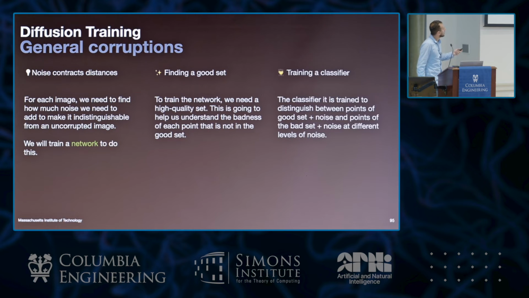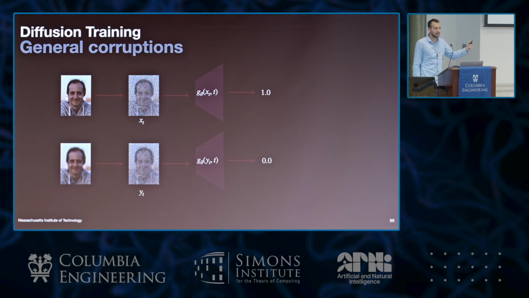Then you make the classifier play the game that you were playing before. You give the network images that are either corrupted images plus noise, or clean images plus noise, and the network has to decide: is it coming from the good set or the bad set? This is the training process, the game that we played. You corrupt images with different levels of noise and ask the model to decide where they're coming from.